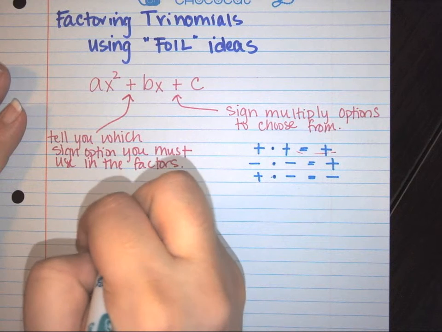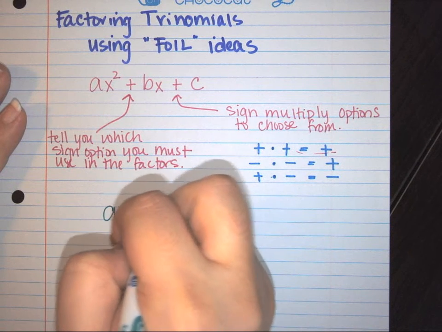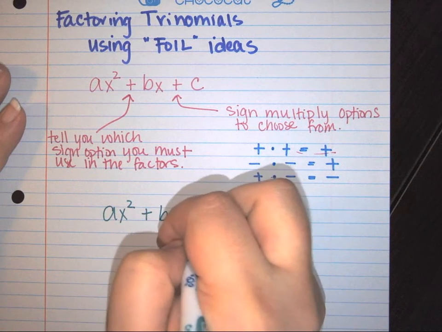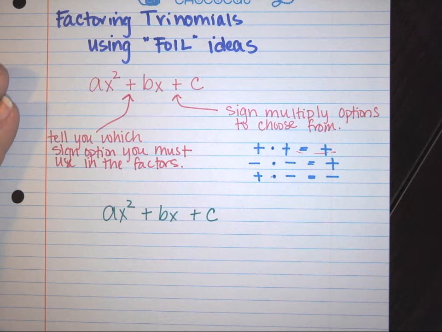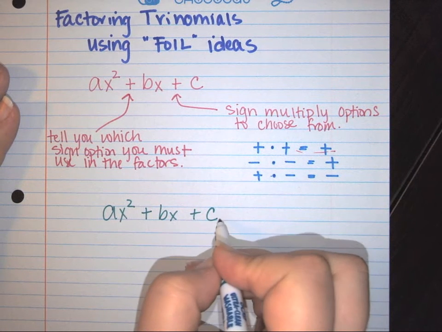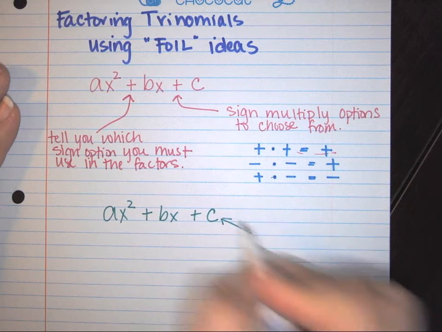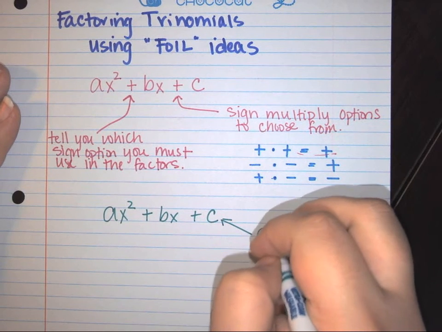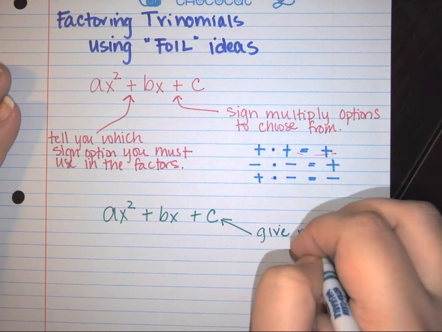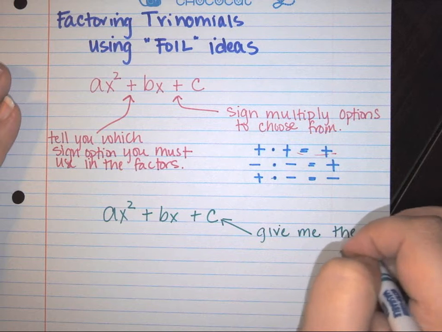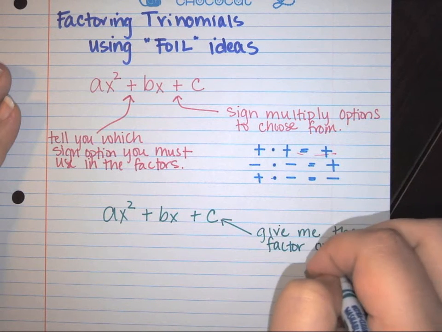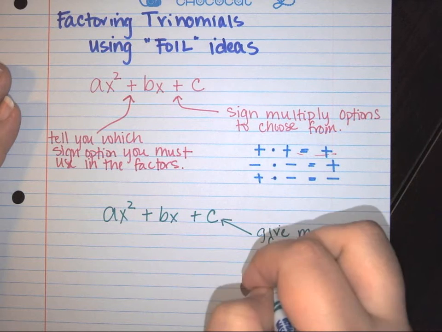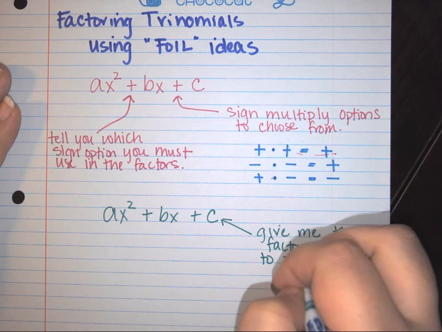So again, we have ax squared plus bx plus c. And we've got a couple pieces of information that we need to know. First, my c term is going to give me the factor options to pick from.